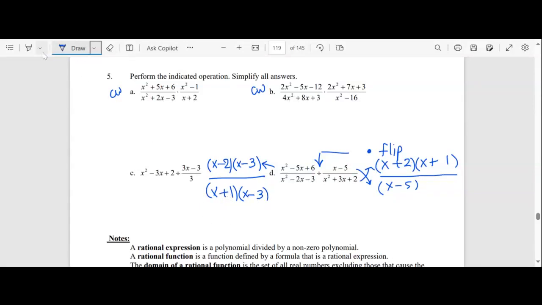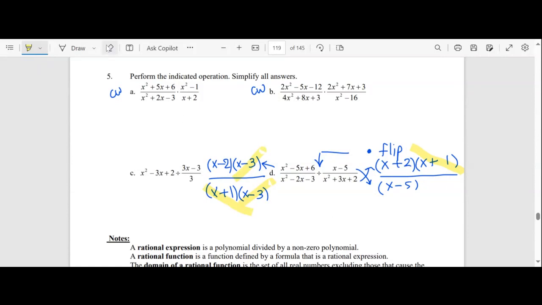Now, can I cancel? Yes. What can I cancel? x minus 3 with x minus 3. Anything else I can cancel? No. Yes, I can cancel x plus 1 with x plus 1.